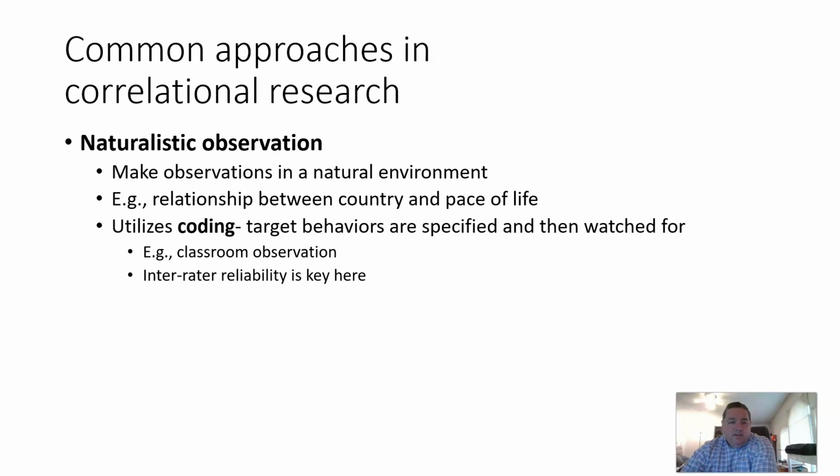Common approaches in correlational research: naturalistic observation, making observations in a natural environment. Pretty self-explanatory. So relationship between country and the pace of life. Using coding, target behaviors are specified and then watched for.